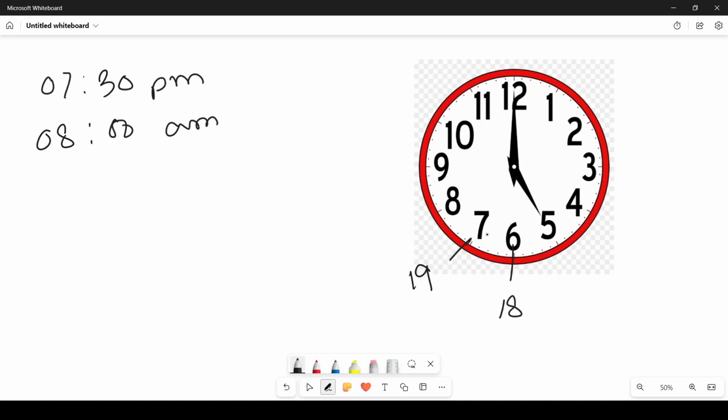So 7:30 is basically 19:30, and for morning time it's actually 8 o'clock. Now if you do it in the same manner, will it actually work? Because you will end up subtracting 19 from 8, which is absolutely not right.